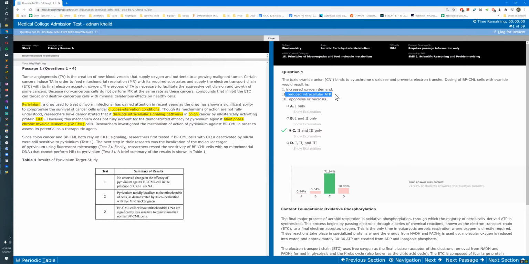So if we look at these three things, let's start with Roman numeral 2, reduced intracellular ATP. Yeah, because you're going to be making the majority of the ATP through the ETC, with the proton pump and everything. So yeah, 2 will happen. 3 will happen too, because without energy, the cell will die. But does it really need more oxygen?